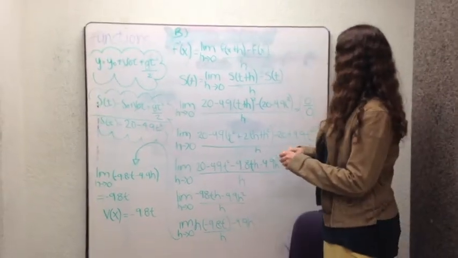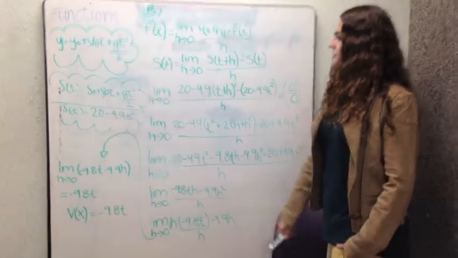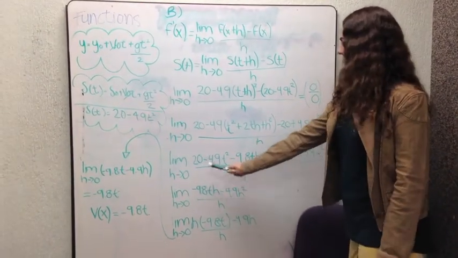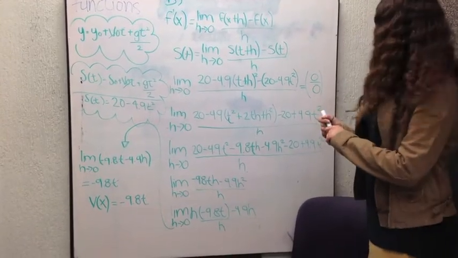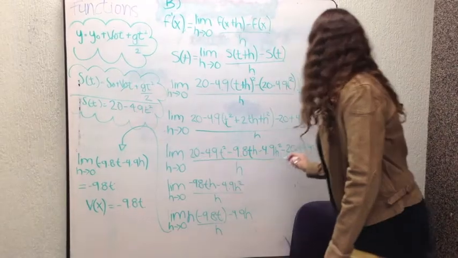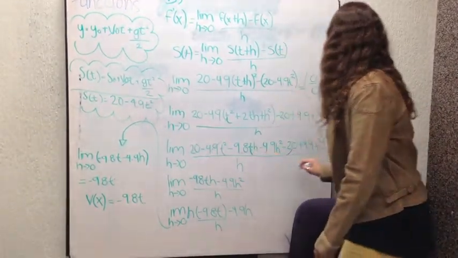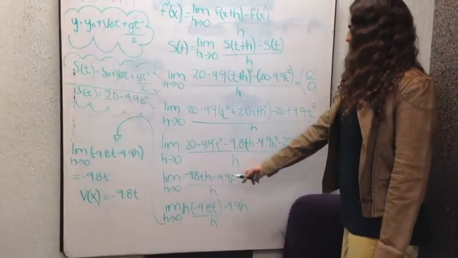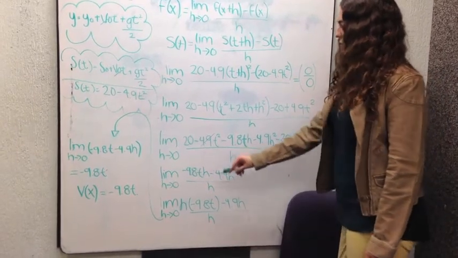So the next step was to get rid of the square. Here's the result, and then we have to get rid of the parentheses. Here we get rid of the parentheses, and then we eliminate 20 with minus 20, and minus 4.9 plus 4.9. And we get minus 9.8 th minus 4.9 h squared over h.